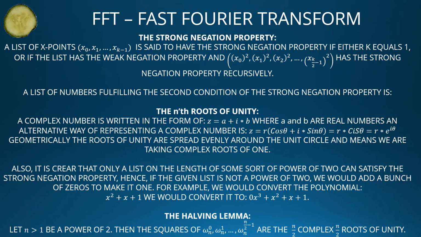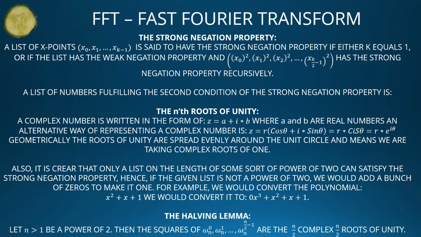Geometrically, the roots of unity are spread evenly around the unit circle, and it means we are taking complex roots of 1. Also, it is clear that only a list whose length is a power of 2 can satisfy the strong negation property.